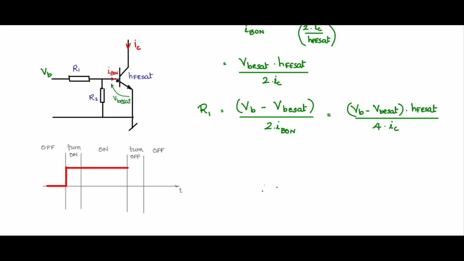And during turn off, because of R2, there is a path for reverse current to flow here so that the base charges recombine. So we have a negative base current flowing in this fashion. This value is VBE SAT divided by R2, current will be flowing through that, and here it is IB on.